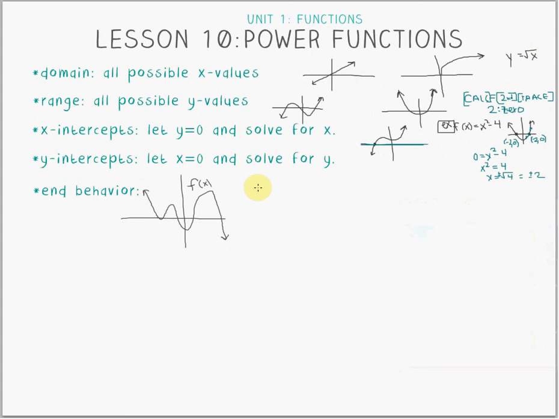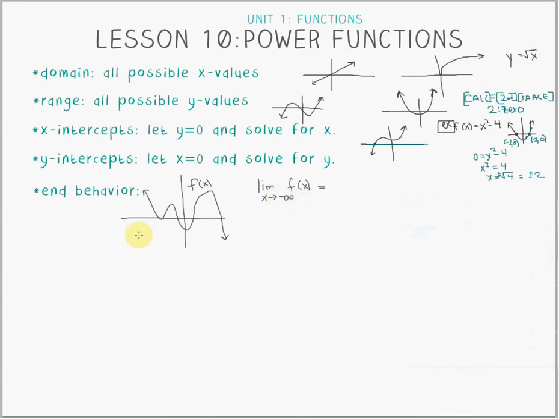But we're going to talk about the limit. And I want to talk about the limit as x approaches negative infinity. So this is how we're going to write it: the limit of f of x as x approaches negative infinity. What this means is I want to know where it is going as x is going to negative infinity.